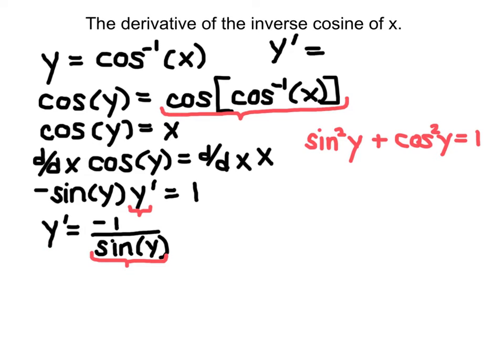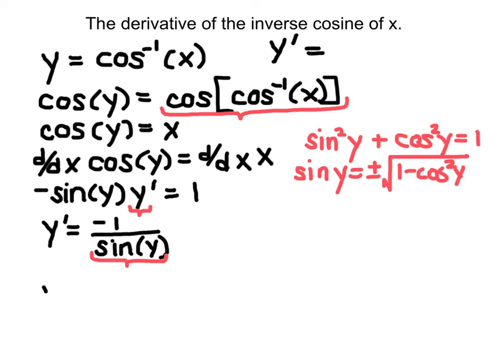So if I solve for the sine of y, I will get the sine of y is equal to plus or minus the square root of 1 minus the cosine squared y. And in this particular case, it's going to be positive, okay? That the sine of y right here is going to be actually positive because of our domain restriction.